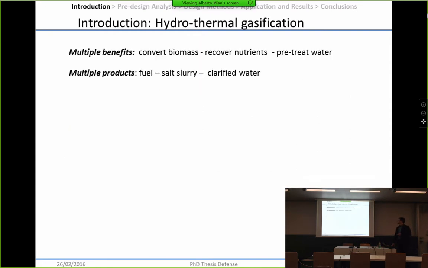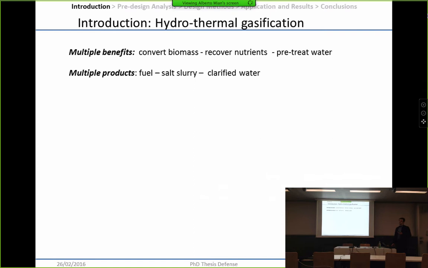In particular, I was looking at hydrothermal gasification. What is hydrothermal gasification? It's a quite new way of converting wet biomass. One of the main advantages is that we do not only convert biomass, but we can also recover nutrients. And we have a kind of pre-treatment plant for water.